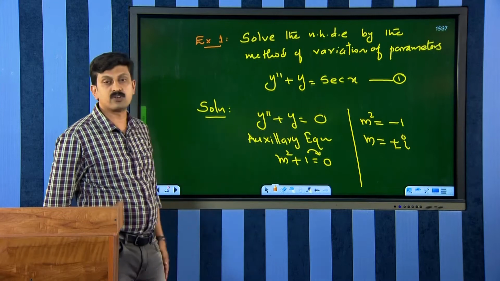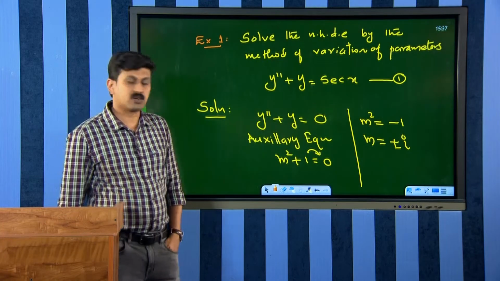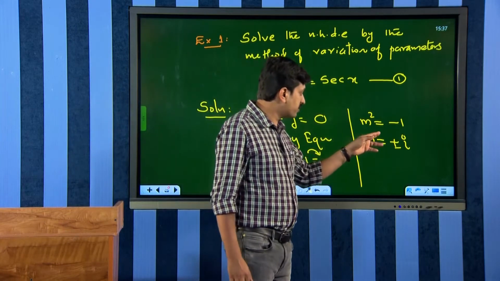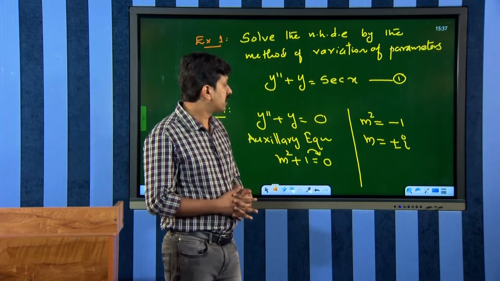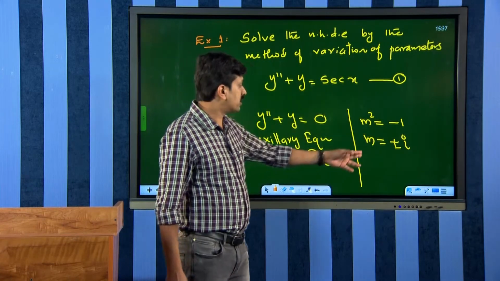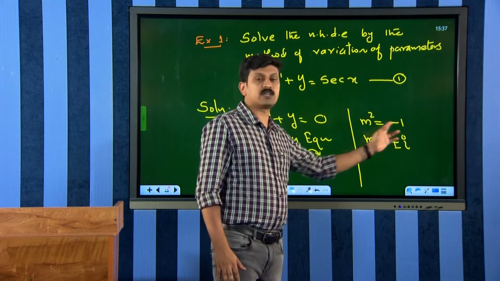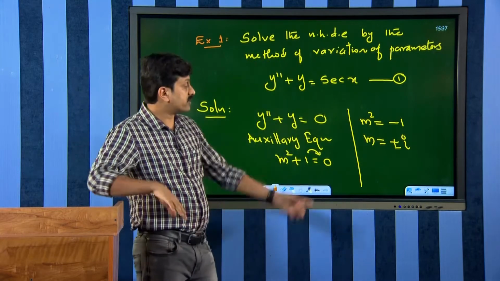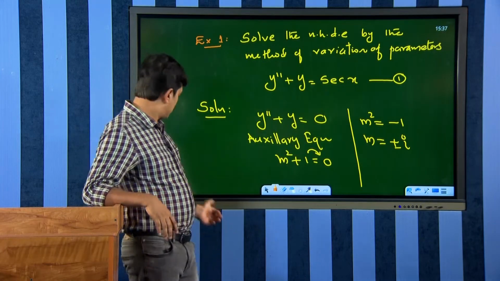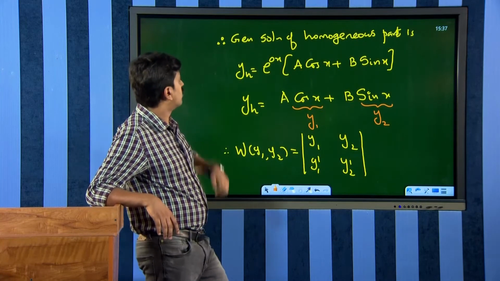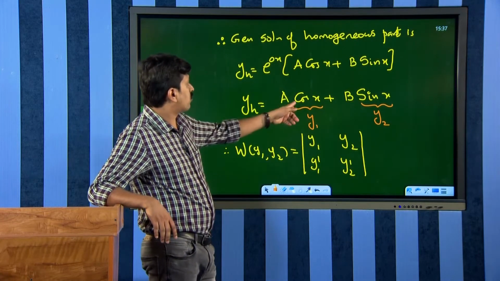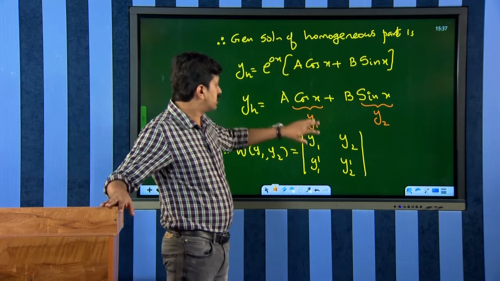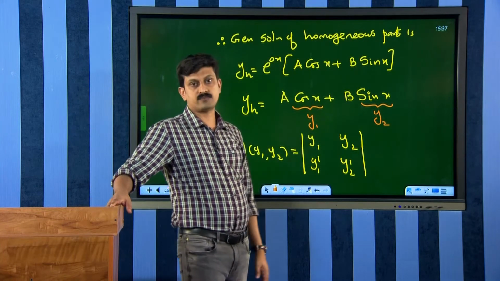So we got m is equal to plus or minus i, which means the roots of the auxiliary equation are complex conjugates with the real part equal to 0. So we found yh is equal to a cos x plus b sin x, where cos x is y1 and sin x is y2.